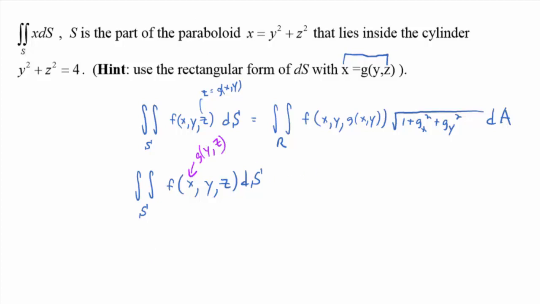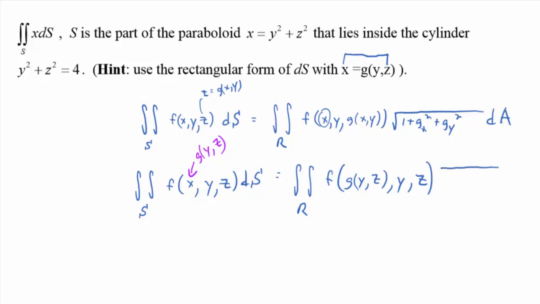So that creates the calculation formula: double integral over R of f, now you replace x with g of y, z, and then y, and then z. So it's going to have two variables. It's a double integral, so it better only have two variables in it if you're in rectangular form, or really any form. And it's going to be in terms of y and z this time.